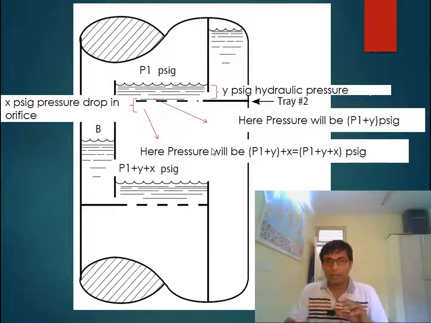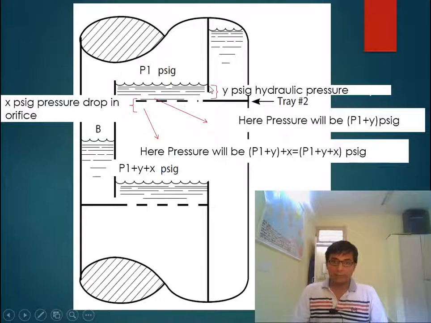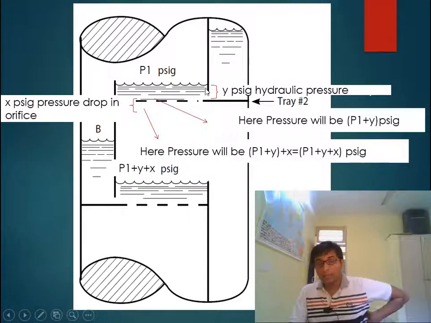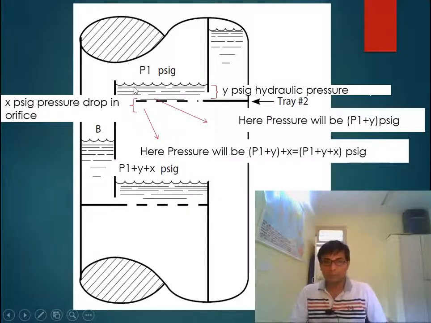Okay. Now this basically reduces the efficiency of the tower. Why? Because ideally, when liquid has passed through this much distance, it has been in contact with the vapor from here to here, so the liquid has had a much higher residence time for intimate vapor-liquid contact.